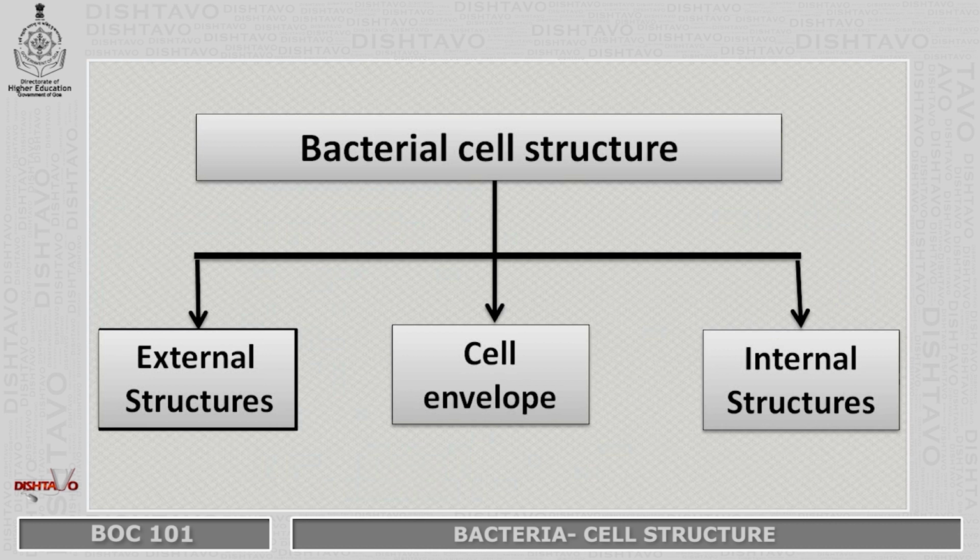The external structure, which includes the flagella and the pili; the cell envelope, which is composed of the outer capsule, the cell wall and the cell plasma membrane; and the internal structures, which include ribosome, mesosome, cytoplasm, nucleoid, etc.